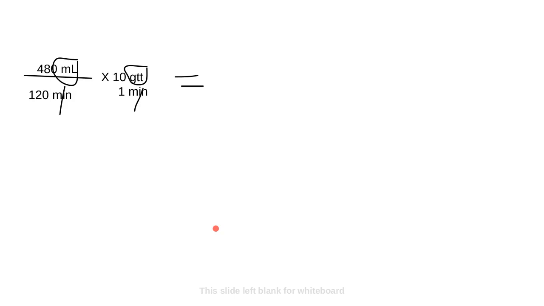per minute times 10 GTT over 1 minute. If I were to write it that way, then I can cross things out here and you will still be left with the 40 GTT per ml.